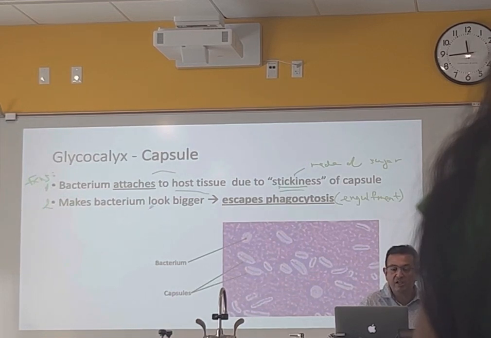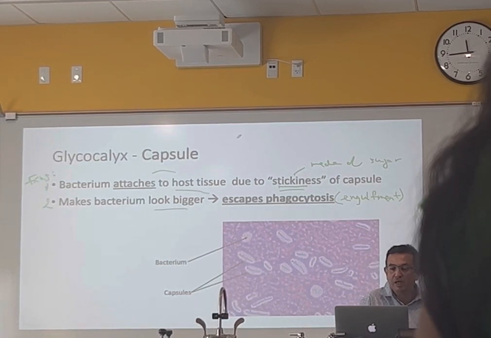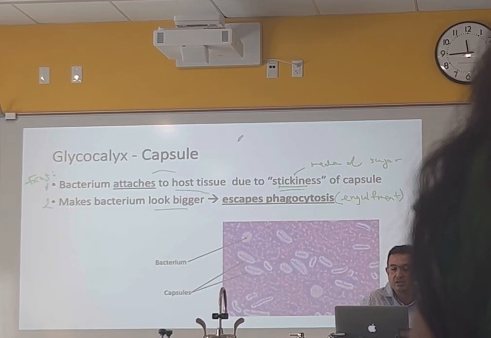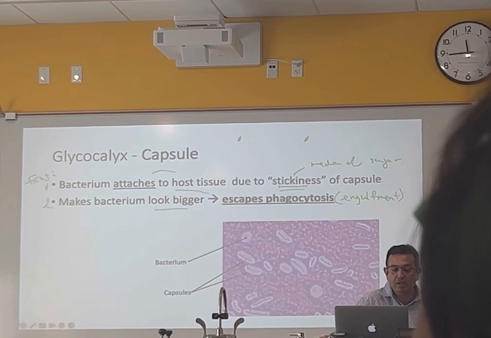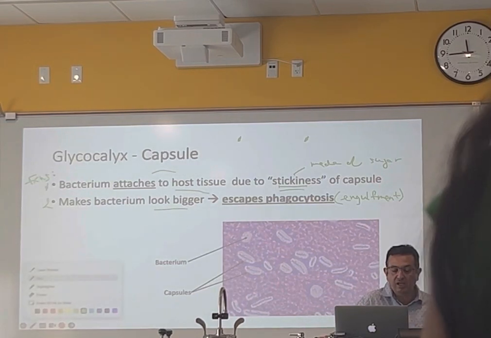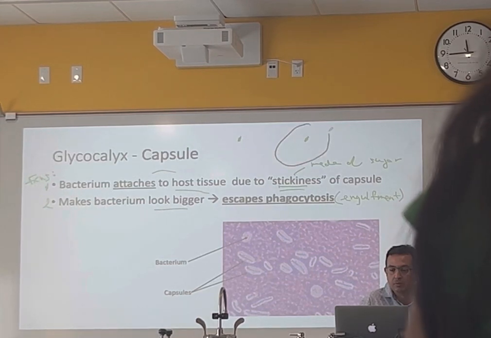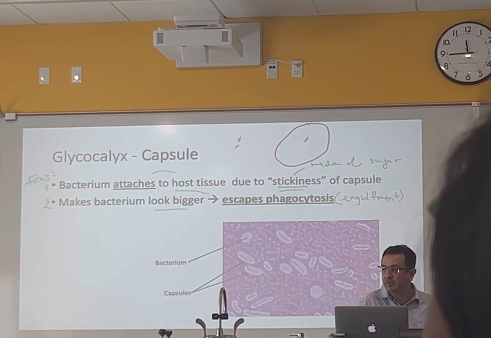It makes the bacteria look a lot bigger than what it is. I told you, we can have 2 bacteria, clones of each other. So I have this one here, and I have the other one here. You agree with me, same size and everything, but the one on the right is going to have a capsule. The one on the left does not have a capsule, okay?